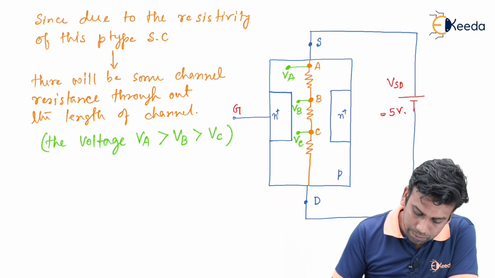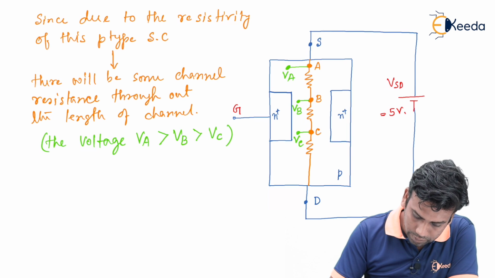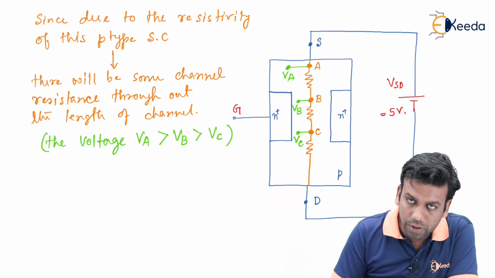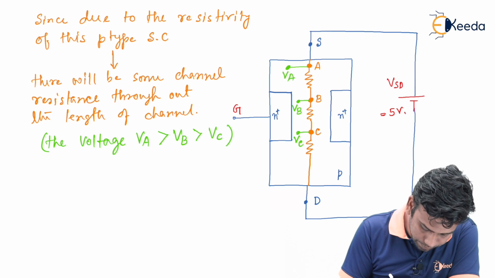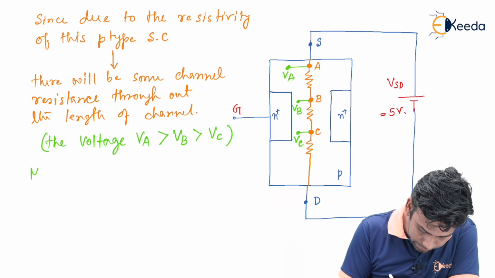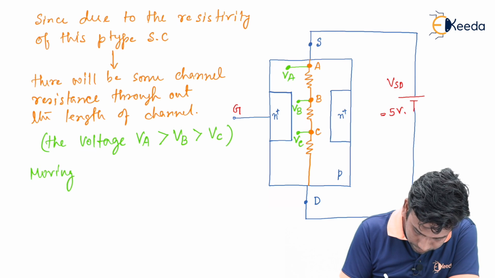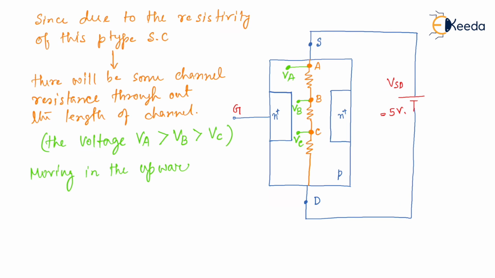Hence, if we move in the upward direction from drain to source, we will face a large potential drop.